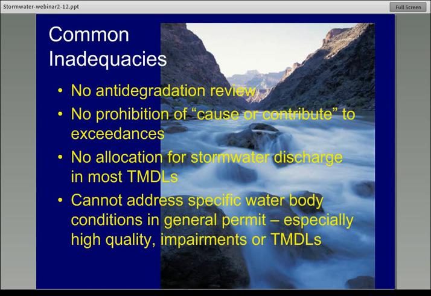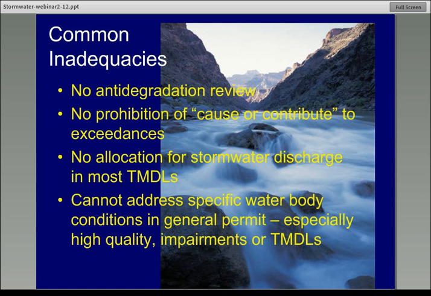So I'm just going to leave on these common inadequacies that I've touched on, but are really important. If any of you have worked with the water quality standards in your state, there generally is very little or inadequate anti-degradation review associated with stormwater permits. Kentucky has fought this battle over and over again.